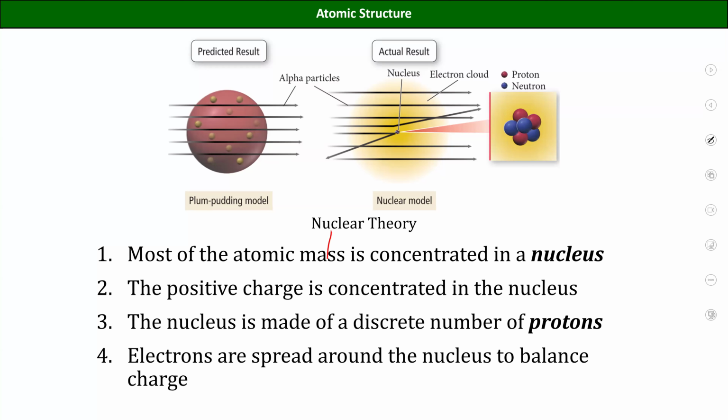This is another one of those theories that works to explain what they saw, but there was always going to need to be some amendments. To this day, this technique is actually still how we determine what the structure of an atom or of a molecule is.